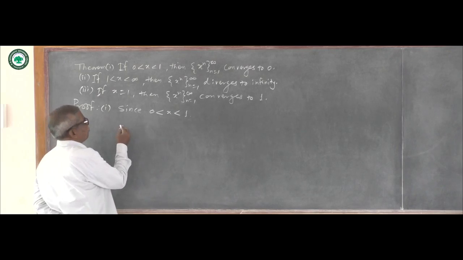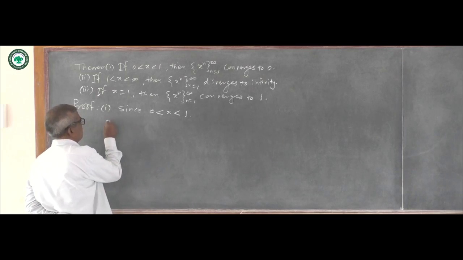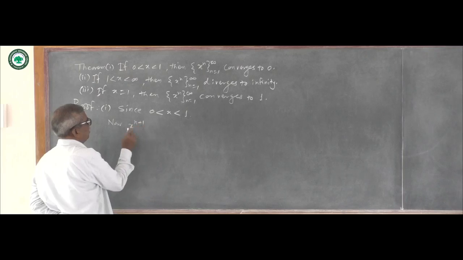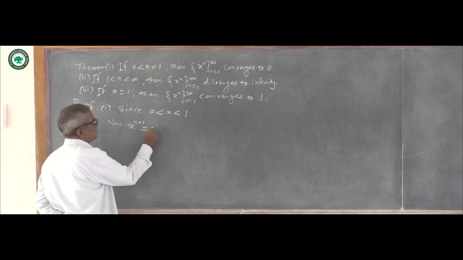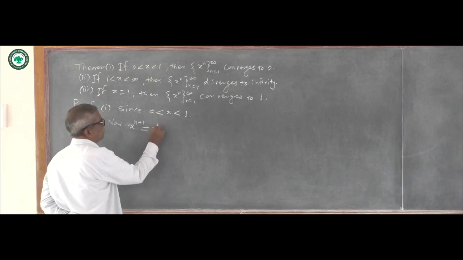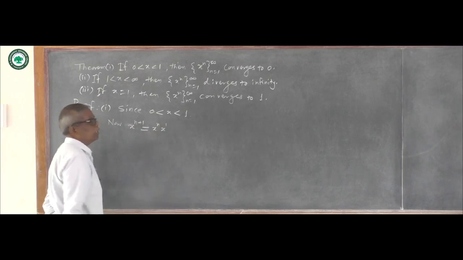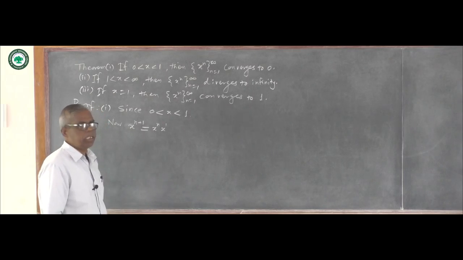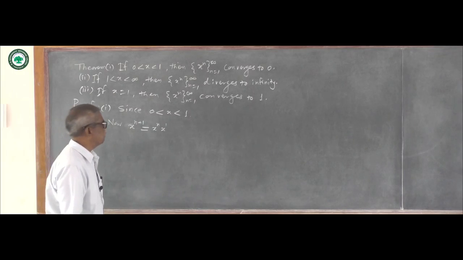Now, x to the power n plus 1 is equal to x raised to n into x raised to 1 for all n belongs to I, for every integer n.